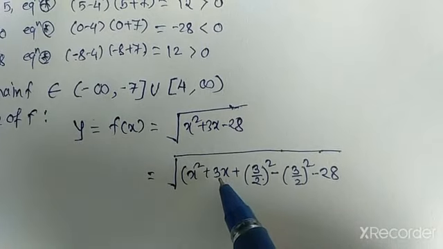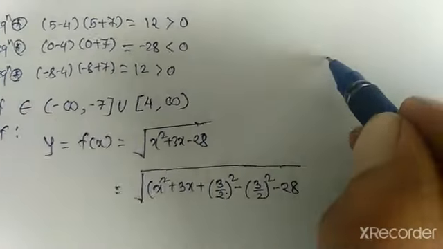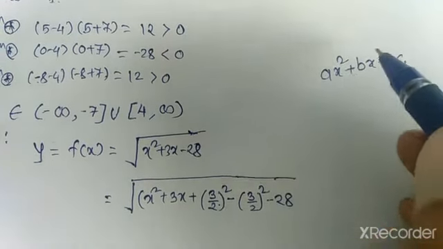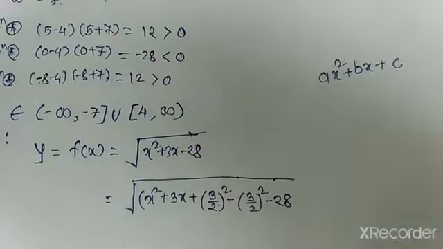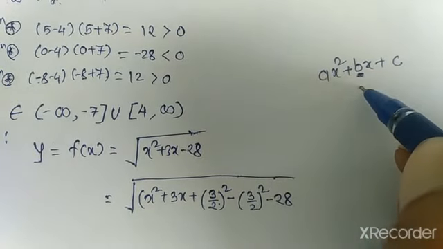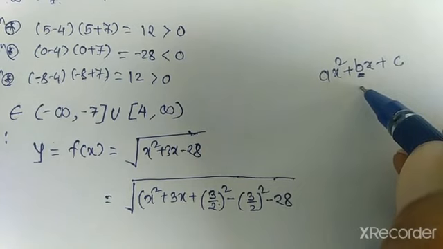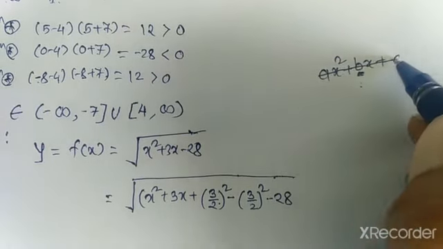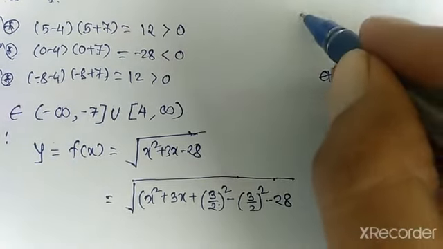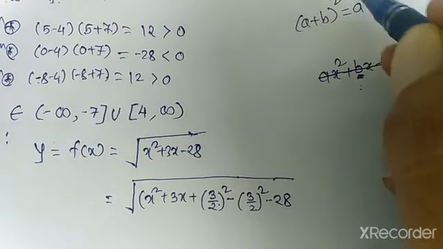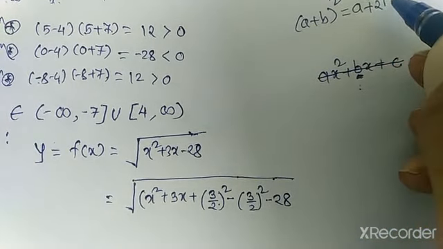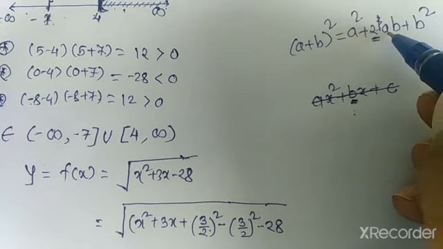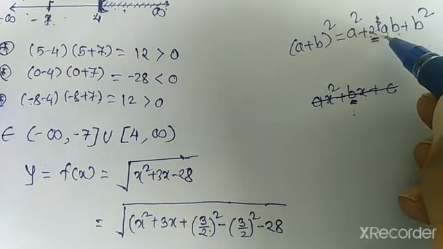If you know a quadratic equation ax square plus bx plus c, and we have to write it in the form a plus b bracket square, we take b upon 2, its half, and we add and subtract it. Because we know that the general form a plus b bracket square can be written as a square plus twice ab plus b square, which means the middle term coefficient is twice a into b.